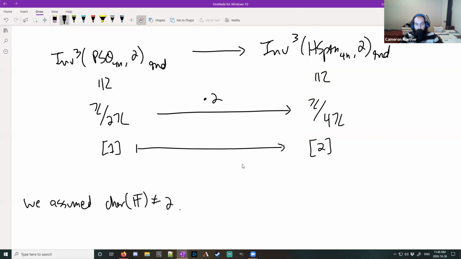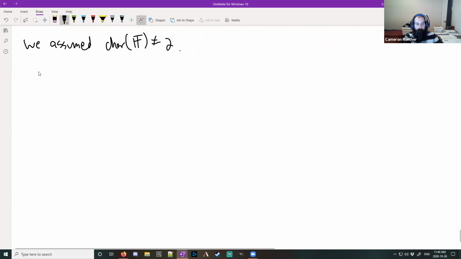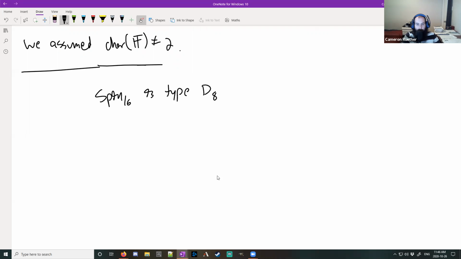So the element coming from the Rost invariant is just a pullback once you have the injection, but the injection is defined in terms of, so Spin 16 is type D8. So something like this. It's 3, 4, 7, 8.